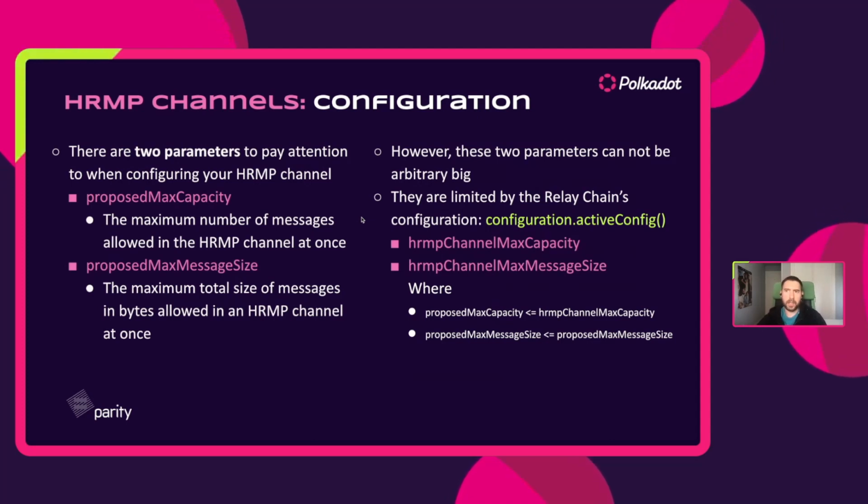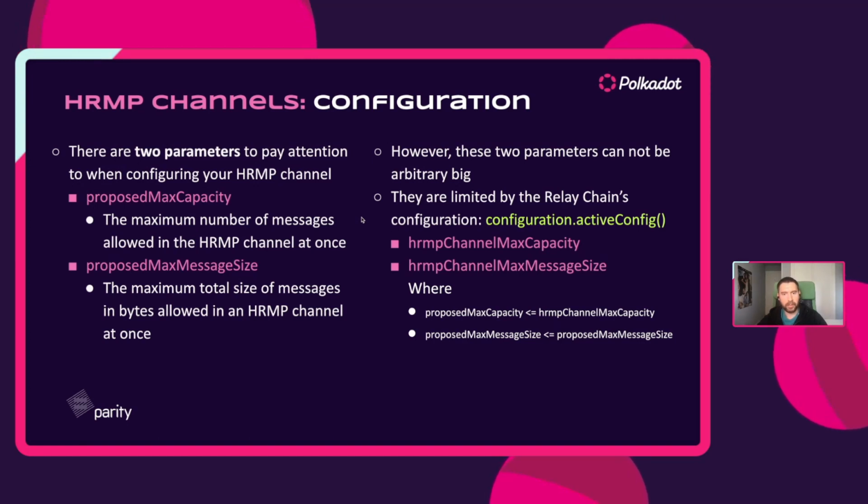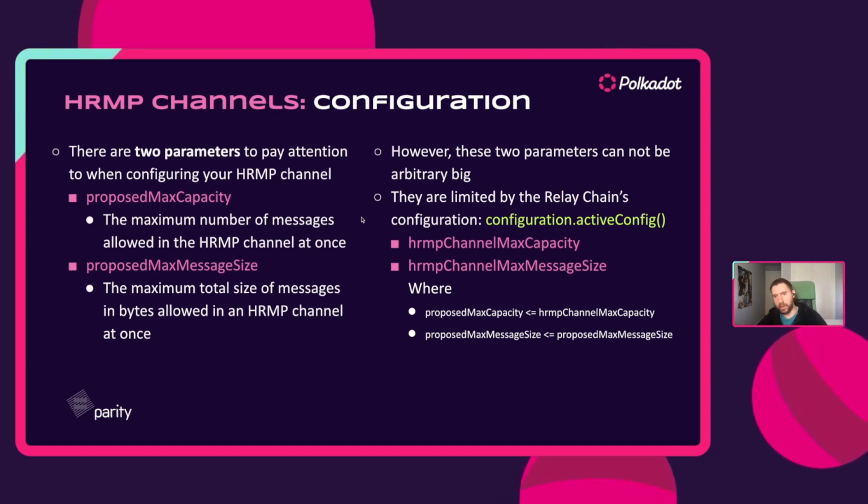Let's talk about configuration. There are especially two parameters you have to pay attention to. These parameters are proposed max capacity and proposed max message size. The first one is the maximum number of messages allowed in the HRMP channel at once, and the second one is the maximum total size of messages in bytes allowed in the HRMP channel at once. You cannot set arbitrary values for these parameters, because they are constrained by the relay chain configuration.